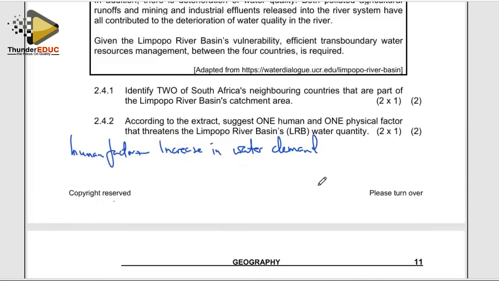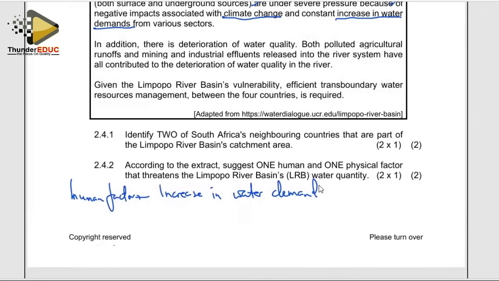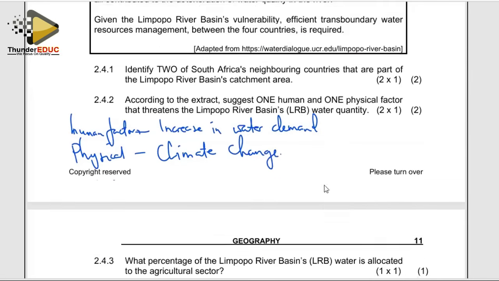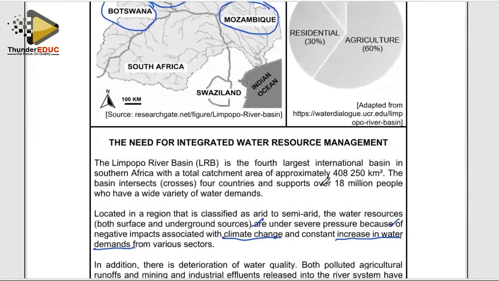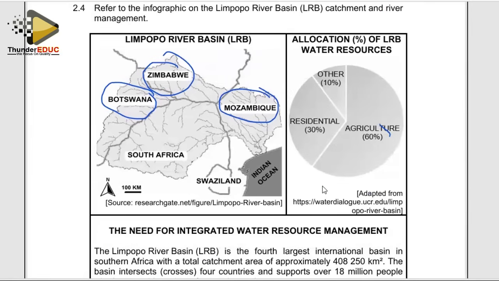Then a physical factor, there's climate change. Right. Question 2.4.3, what percentage of the Limpopo River Basin's water is allocated to the agricultural sector? It's again extraction. Agriculture is taking 60%, which is there.